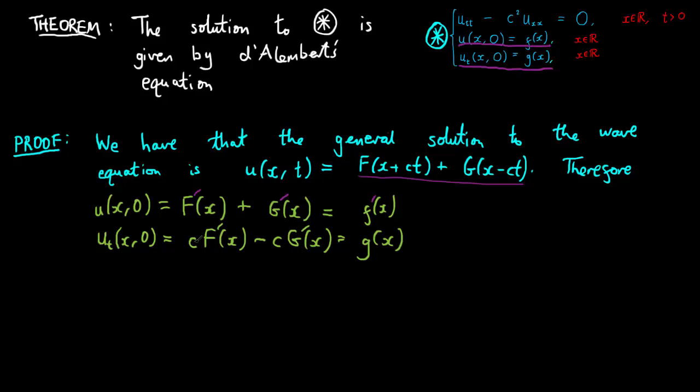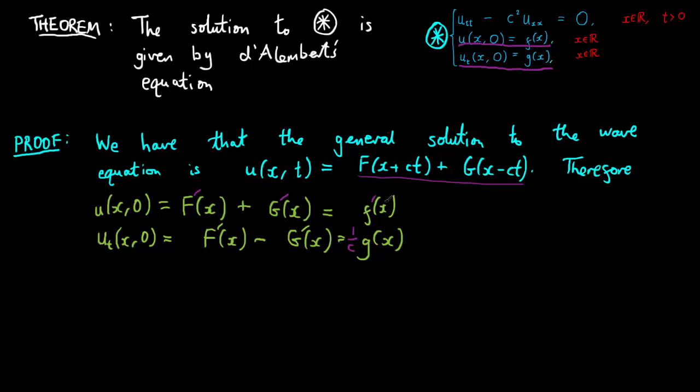Now, if we look at this second equation, we've got a c in front of both of the terms on the left-hand side. So let's divide this whole second equation by c. So we get rid of the c in front of the F prime of x term and get rid of the c from here and write in a 1 over c in front of the right-hand side.